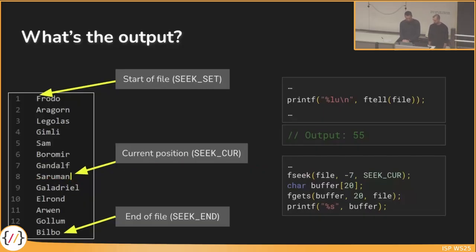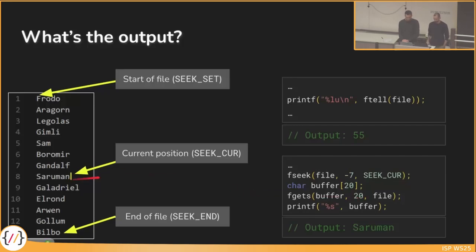Okay. So I go to the beginning of this name, and I call fgets to read this name. So when I execute this code here, I can re-read this name here. After this fgets, my current position is again where the cursor is here because I've read it.